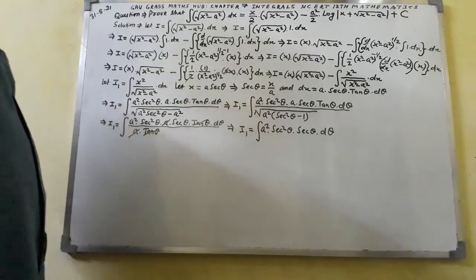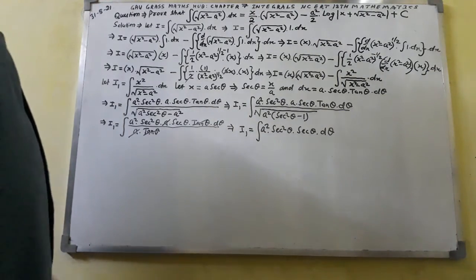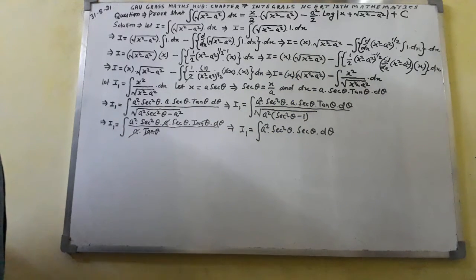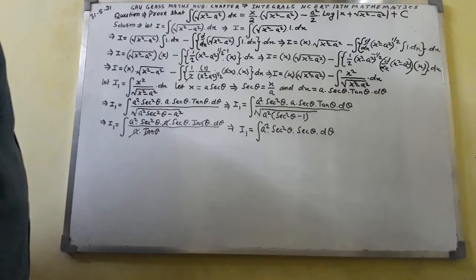This thing will be written. Now here in place of sec square theta I can write very well 1 plus tan square theta. Change this one to 1 plus tan square theta.